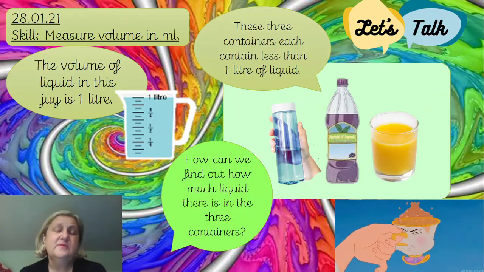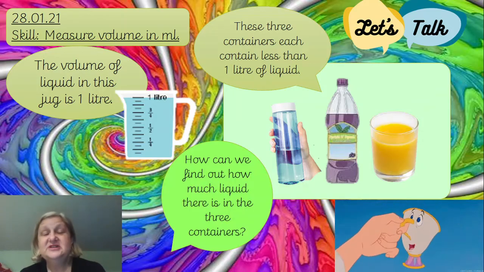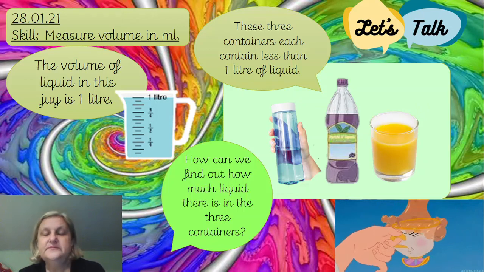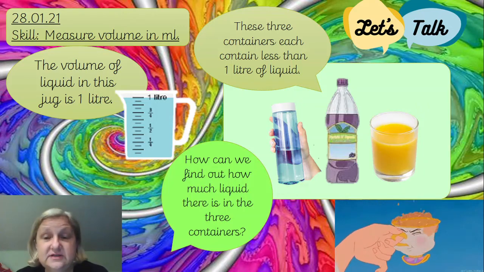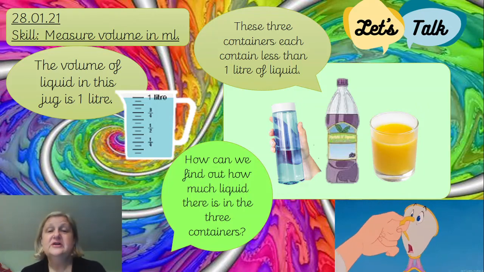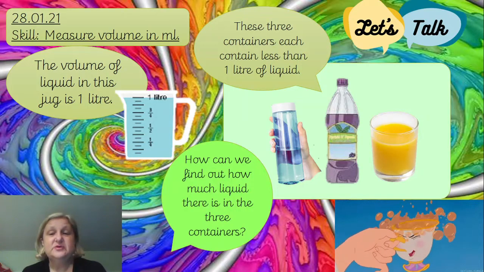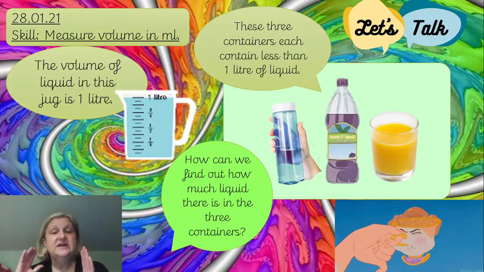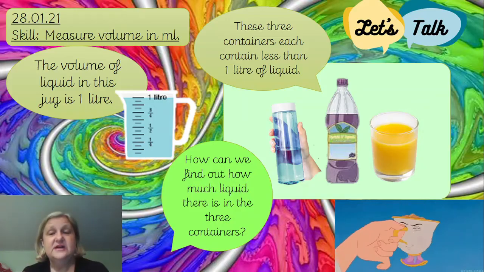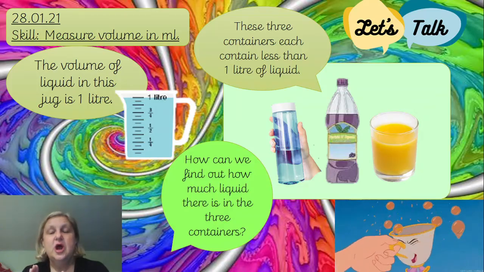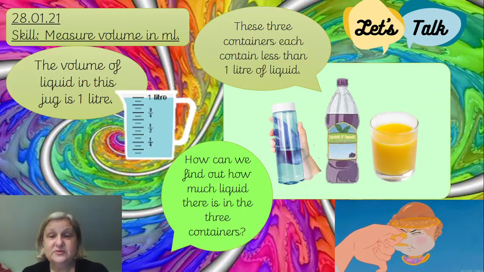Okay, so you might think of going and getting some more measuring jugs. You might want to have a look and estimate, especially with the bottle, because you'll find that the capacity of that bottle, so the whole of the space in that bottle, will probably be shown on the label somewhere.